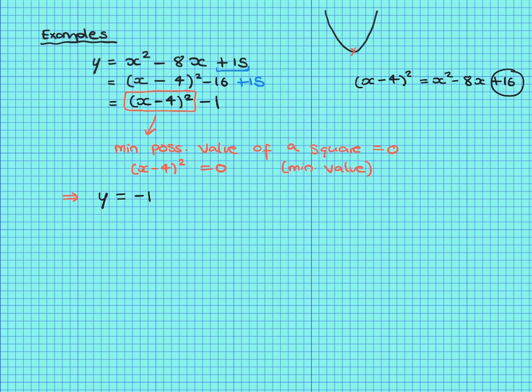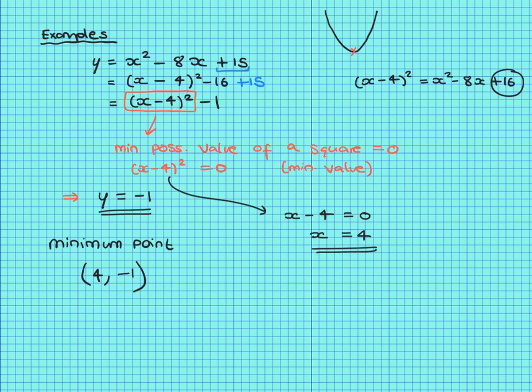So the minimum possible value of y is negative 1. Now, how do we achieve that? Well, x minus 4 all squared must equal 0, which means x minus 4 must equal 0, which means x must equal 4. So the minimum point of this quadratic function takes coordinates 4 for the x coordinate, and negative 1 for the y coordinate.